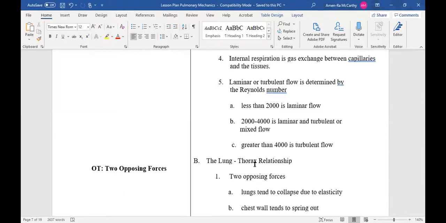Any flow that has 2,000 to 4,000 is both laminar and turbulent, so they call it mixed flow. And then any flow that has a Reynolds number greater than 4,000 is called turbulent flow.